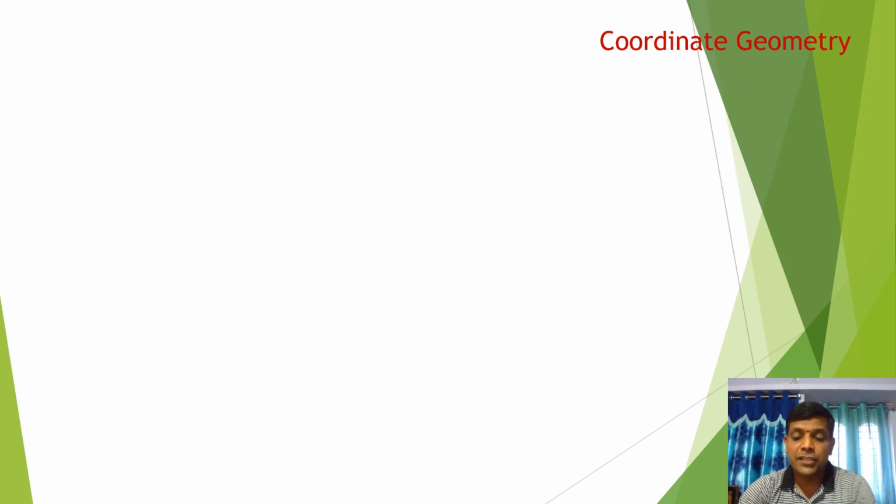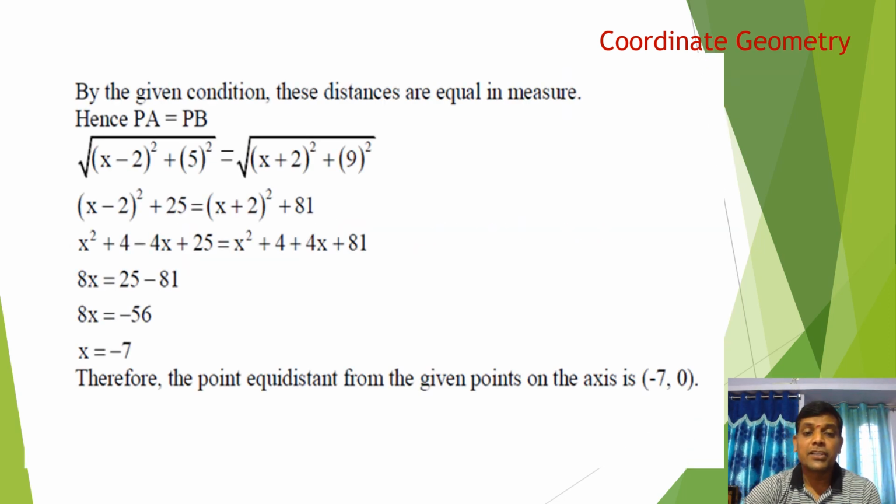By the given condition, these distances are equal in measure, meaning the distances PA and PB are equal. PA equals root over (x minus 2) whole square plus 5 square. PB equals root over (x plus 2) whole square plus 9 square.